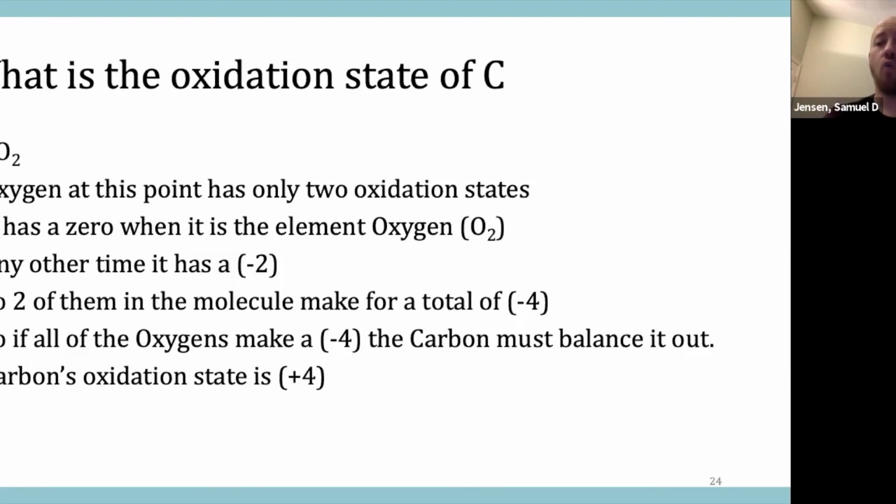But there is always something there that you're going to know part of. You're always going to know half of the molecule. There's not going to be two unknowns here. Oxygen is one of our solid rock atoms that is going to be -2, that you can rely on for pretty much most of your general chemistry experience.